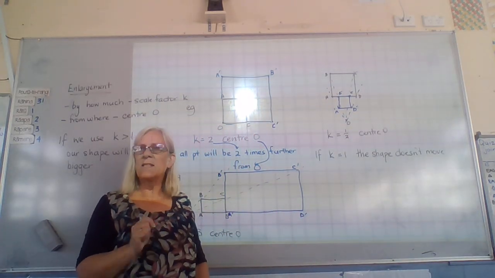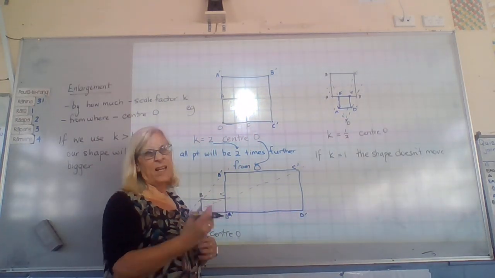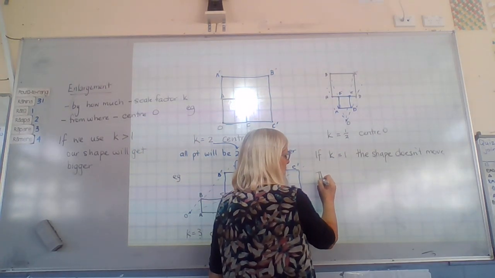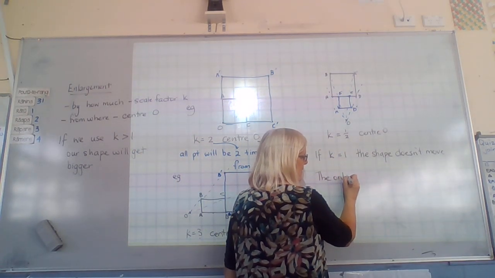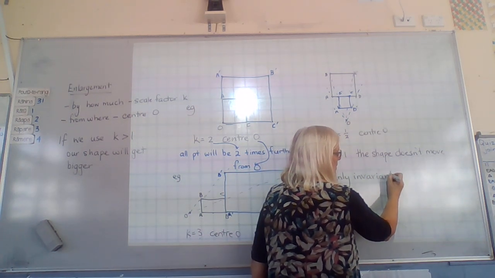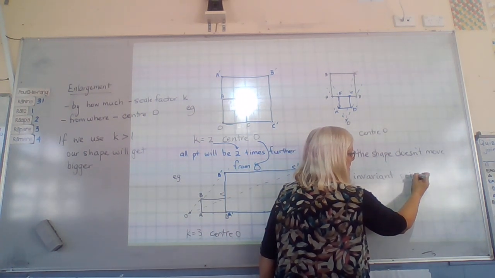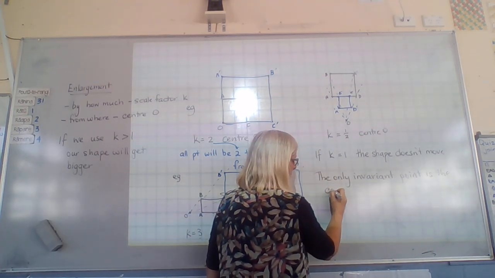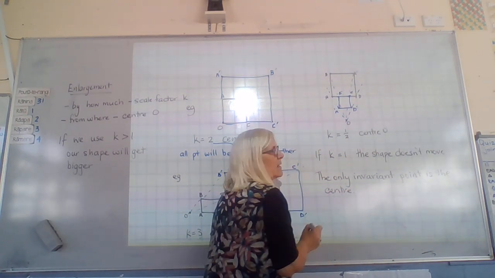So when we're saying it's O, it's O. When we're saying it's another number, it's whatever the centre is. So the only invariant point is the centre. Any questions?